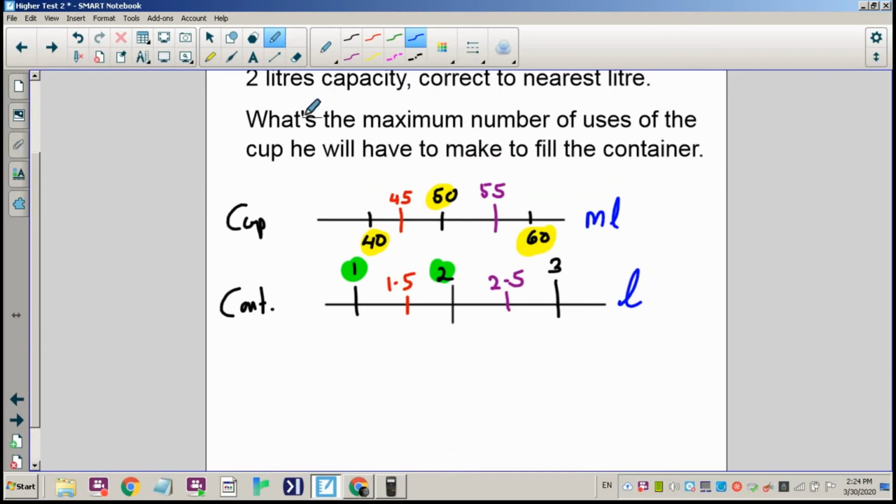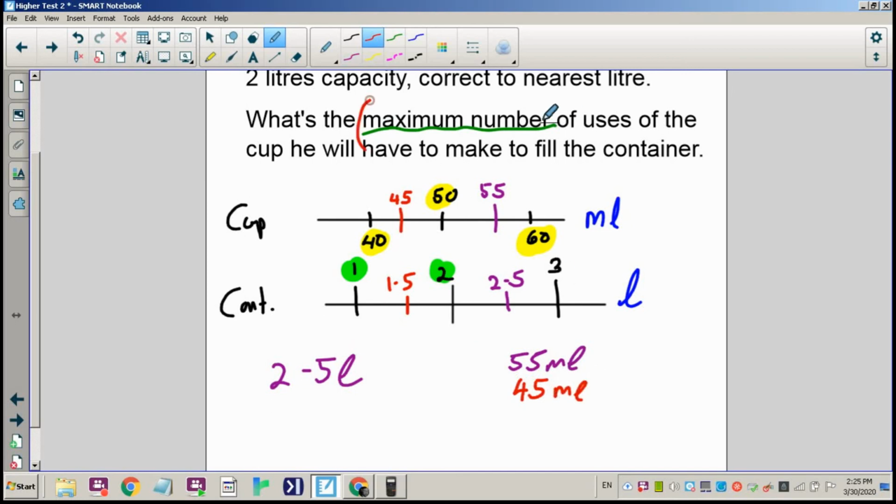Now let's look at the question. What's the maximum number of uses of the cup you will have to make to fill the container? Well, obviously, if the container's at its maximum, that's going to increase the number of uses of the cup. So we're going to assume that the container is 2.5 litres. But do I use 55 millilitres, or do I use the lowest value of the cup, 45?